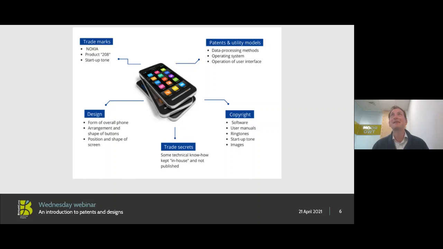For example, we quite recently did some work for a smoking substitution device, where we had a particular shaped mouthpiece, and there were technical functions to the shape and the size of the aperture, for example, the way it fitted in the mouth and so on.